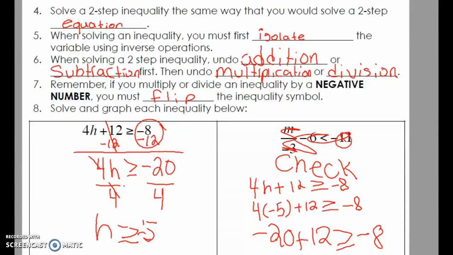Okay, negative 20 plus 12. Are the signs the same or different? Different, so we find the difference, right? What's 20 minus 12? It's right, but there are more negatives than positives, so it's negative 8. So off to the side, can you write negative 8?